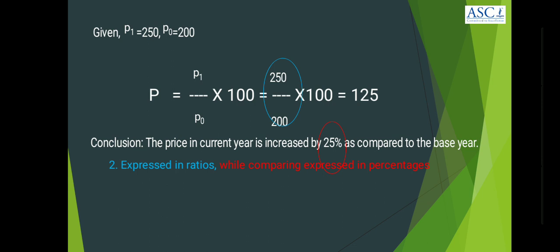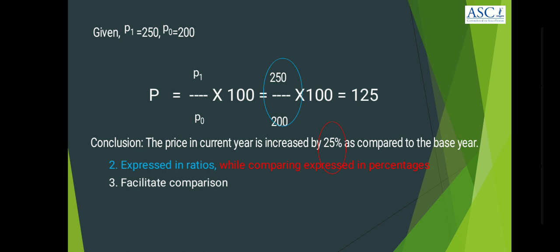That completes the explanation for the second characteristic. This second characteristic itself implies the third. It means index numbers are expressed in percentages for comparison, which implies that index numbers facilitate comparison, means they help in comparison.